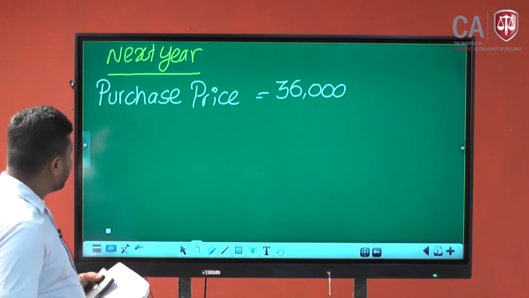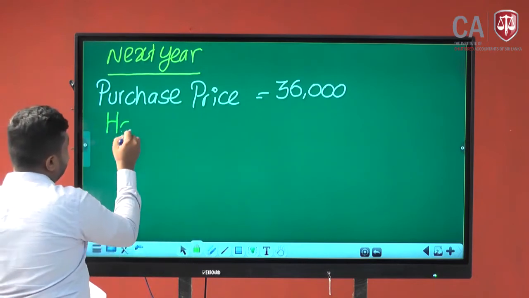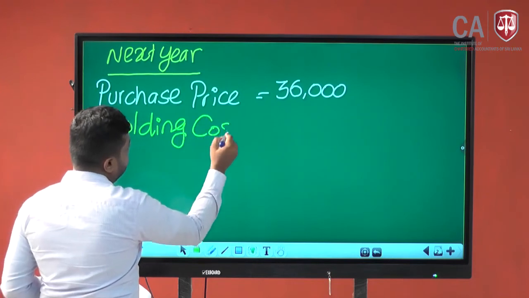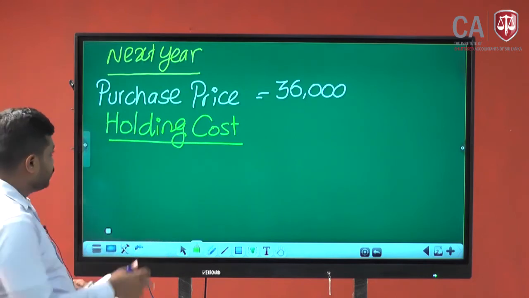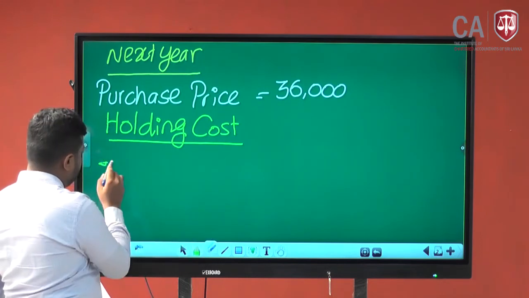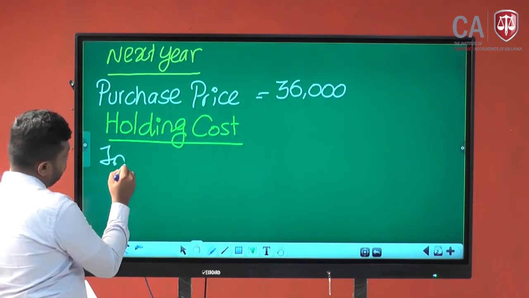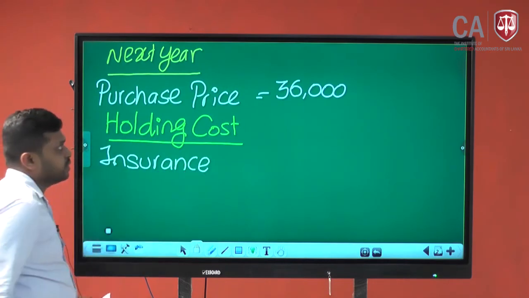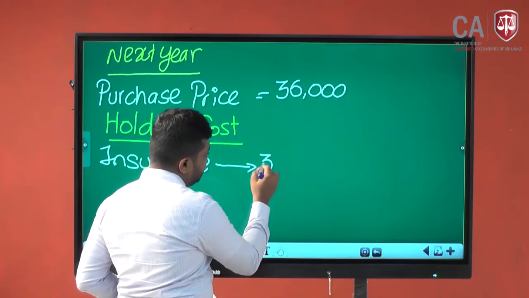Based on that, we shall calculate the holding cost. Holding cost, first insurance. It is based on the new purchase price of 36,000.